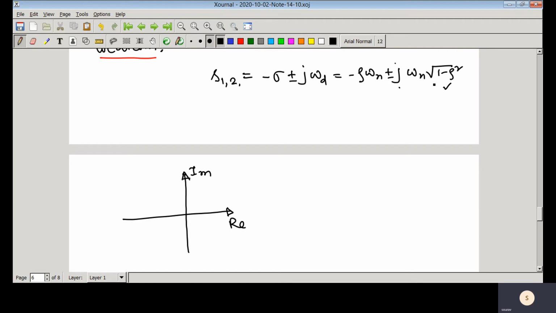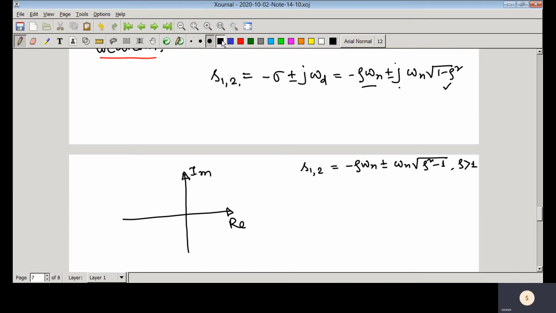So when zeta is greater than 1, you can see here this is negative and plus minus some negative value, that is square root of zeta square minus 1. So that means here this is the case s1, s2, that is zeta omega n plus minus omega n square root of zeta square minus 1, because here zeta is greater than 1. So this is the overdamped case.